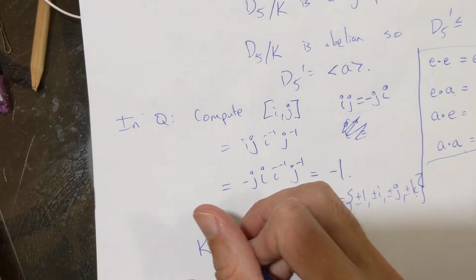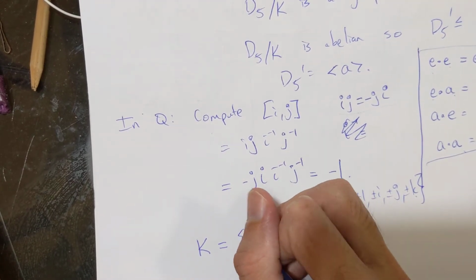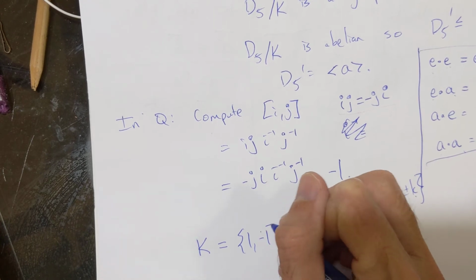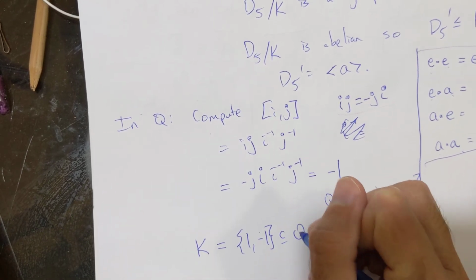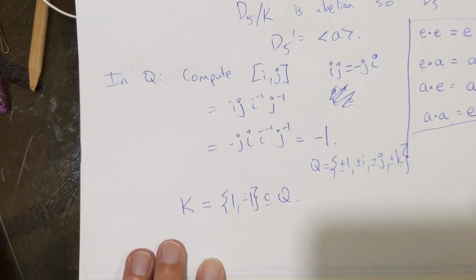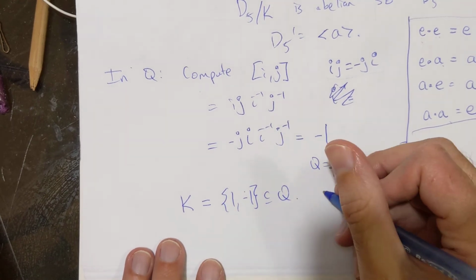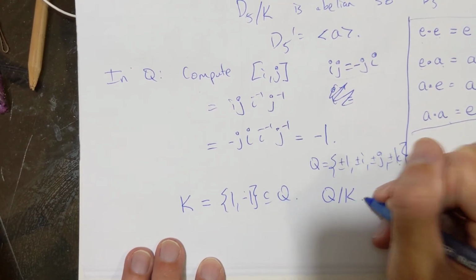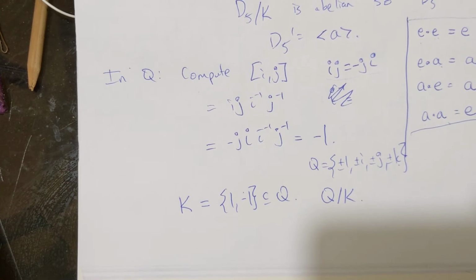So we let K be the subgroup plus or minus 1 in Q. And then let's look at Q mod K.